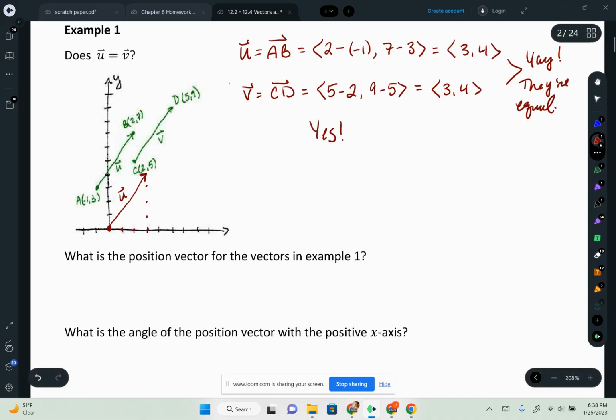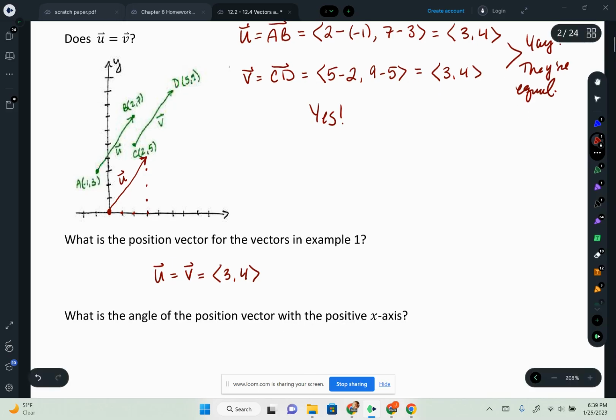But that is my position vector. So in the next question where it says, what is the position vector for the vectors in example 1? It is u, which is also equal to v, which is 3, 4. Okay. The next question is asking about the angle that the position vector makes with the positive x-axis.